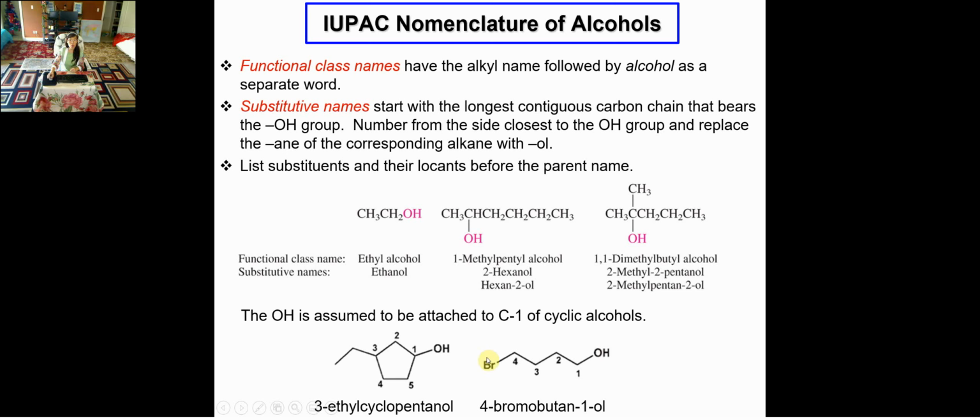And then your bromo, Br, is located on the number 4 carbon. You call it 4-bromobutanol or 4-bromobutan-1-ol. So these compounds can be named by either substitutive or functional group nomenclature. In this case, we only showed you substitutive nomenclature. Take-home message: how do you name these two compounds based on the functional class nomenclature?